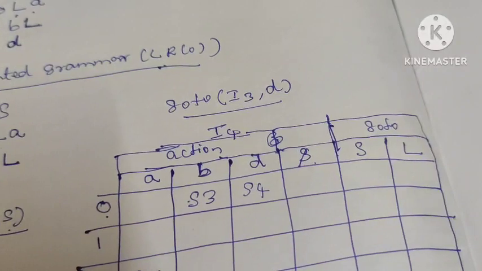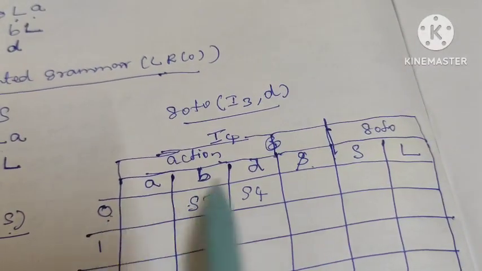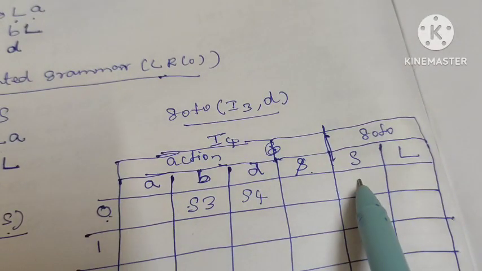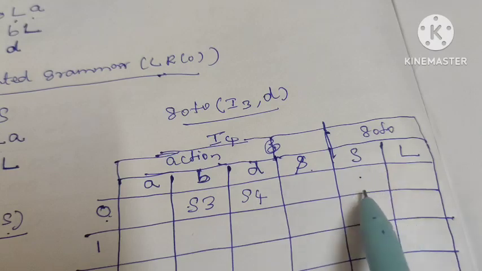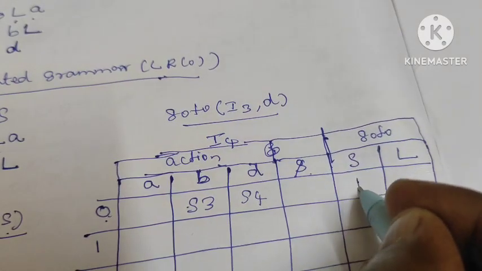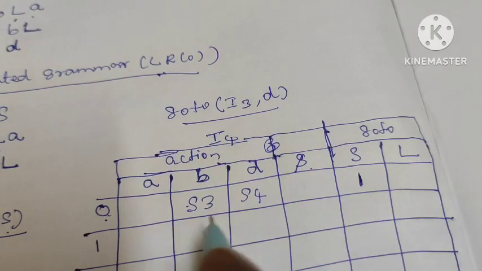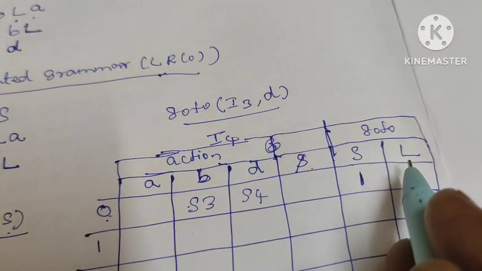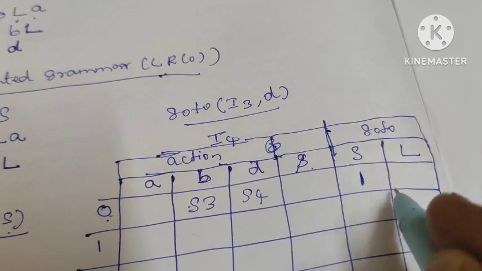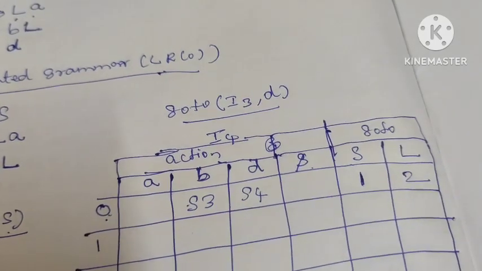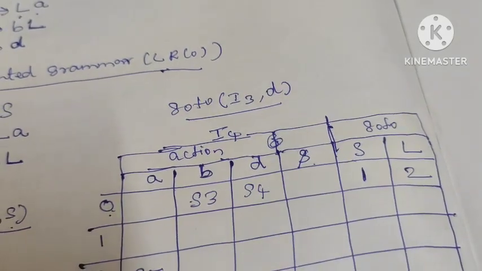So when you come to the table, go to of I0 comma S produces I1, isn't it? So I simply write it as 1. If it is I1, write it as 1. Now go to of 0 comma L produces I2, isn't it? So I simply write it as 2. I2 means it is 2.